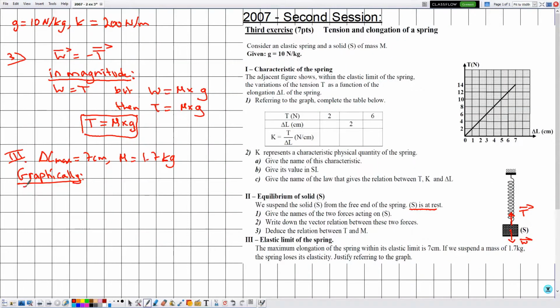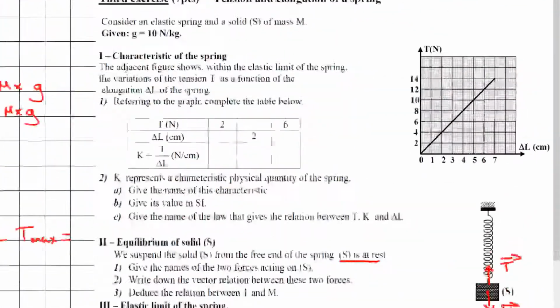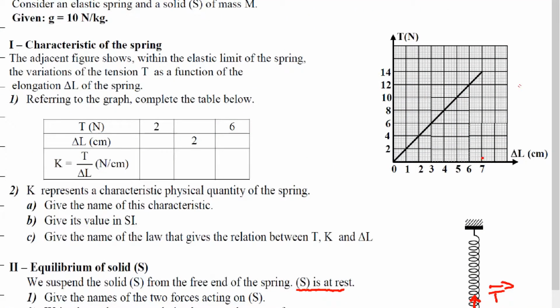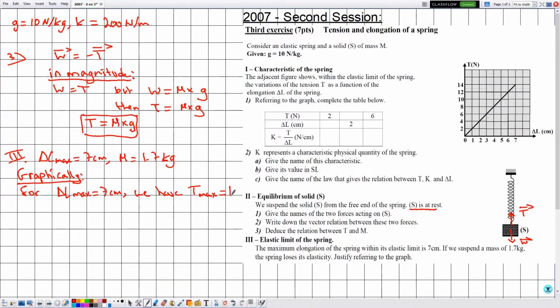So let's say for delta L max equal to 7 centimeters, we have the maximum tension. Delta L max has the value of 7 centimeters. It corresponds to this point on the curve, which has a value of T equal to 14 newtons. And notice that the curve stops here. So T max is equal to 14 newtons.